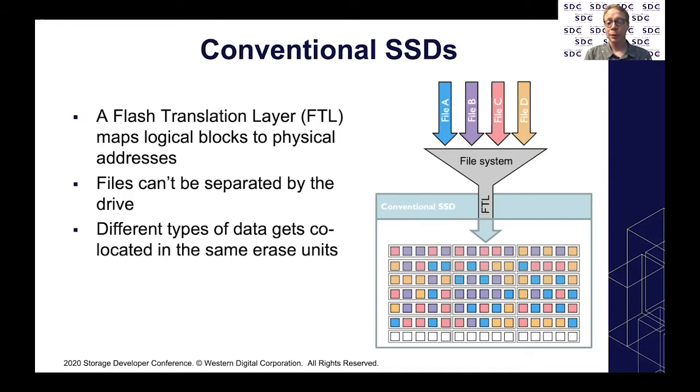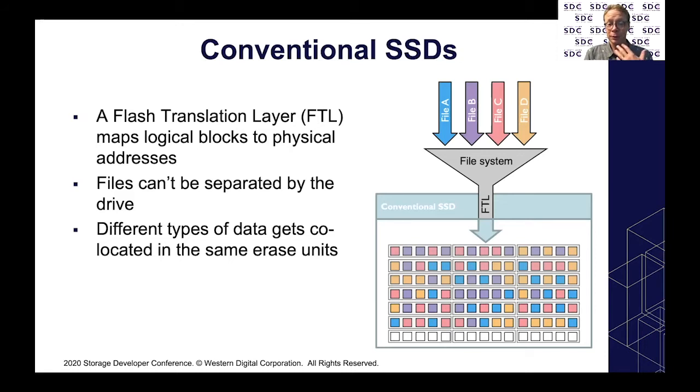So what happens at the SSD is that it needs to put those logical blocks sequentially into its erase units. And these erase units are usually a collection of erase blocks. As it doesn't know which block belongs to file A compared to file B, file C, file D and so on, all that data from these different files will be mixed into the erase units on the drive.